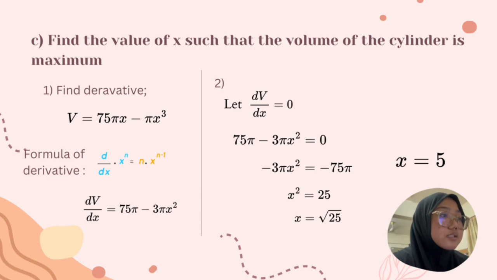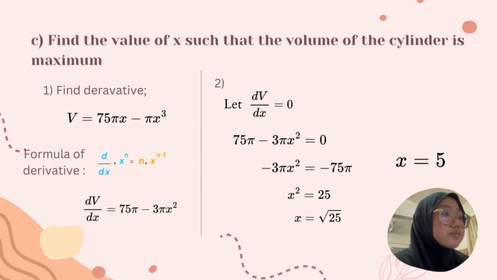Next, the negative πx³. For x to the power of 3, we bring the 3 to the front, so 3 times π, and the power of 3 is reduced by 1, so it becomes x². So the derivative dV/dx will be 75π − 3πx².